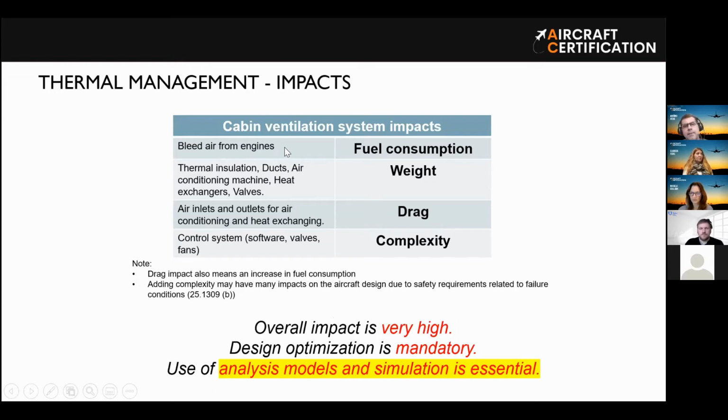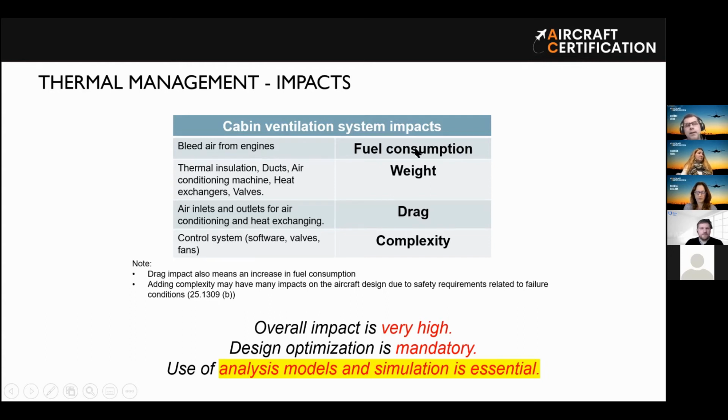One of the basic impacts is that we are taking air from the engines. We are taking high pressure air from the engines to ventilate the cabin. So this has a lot of impact on the engine's operation, and an impact on the fuel consumption of the aircraft.